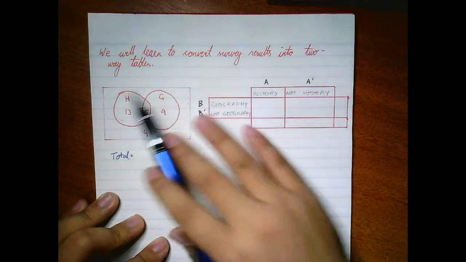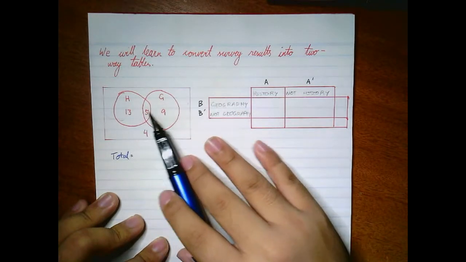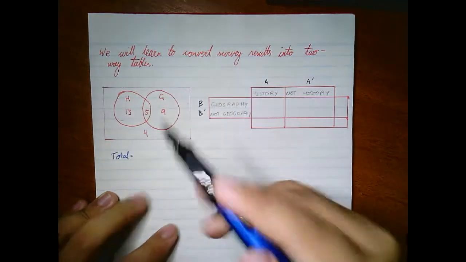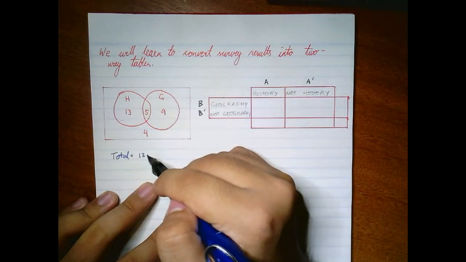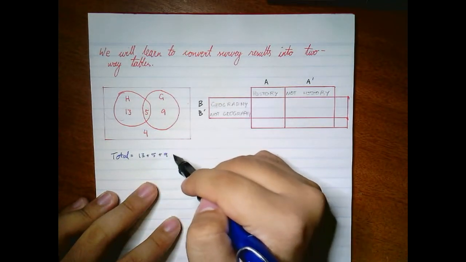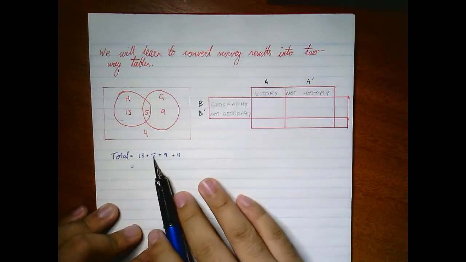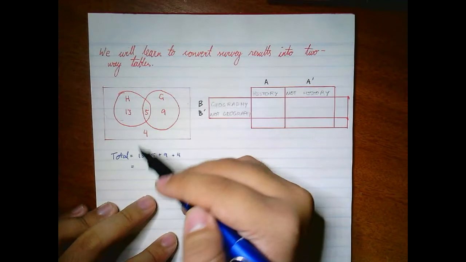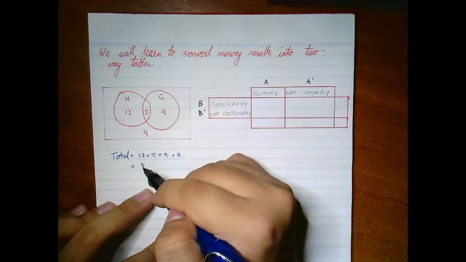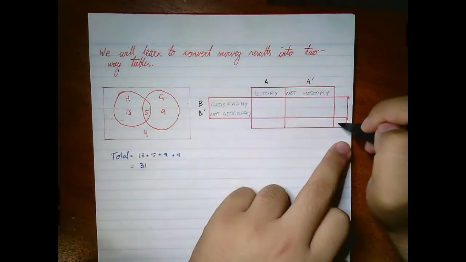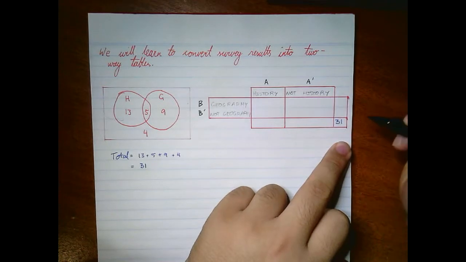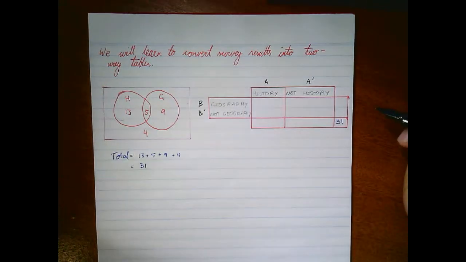This is our sample space. We'd do 13 plus 5 plus 9 plus 4, which equals 31. So we know that there are 31 people in total being surveyed.